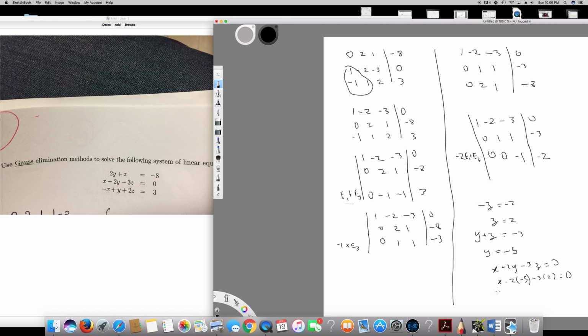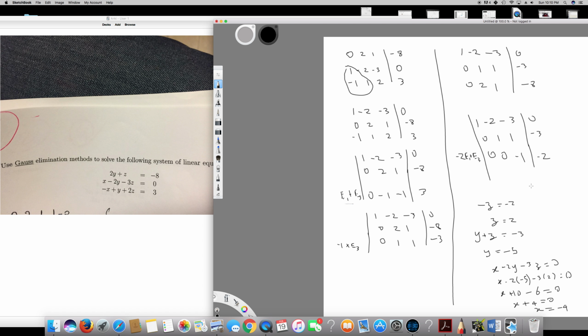We know minus 2 times minus 5 is plus 10, right? And minus 3 times 2 is going to be minus 6. So it's going to be x plus 4 is equal to 0, therefore x is equal to minus 4.